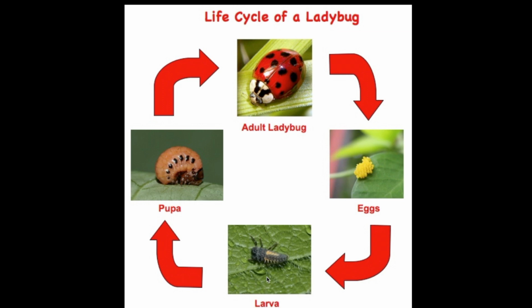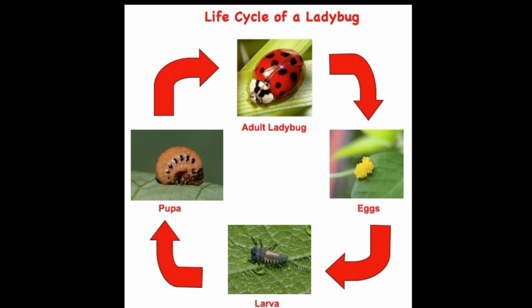When it's large enough, it will then transform into a pupa stage. A pupa stage is an unmoving stage where the animal is going through their complete metamorphosis. And then finally they turn into their adult counterpart.